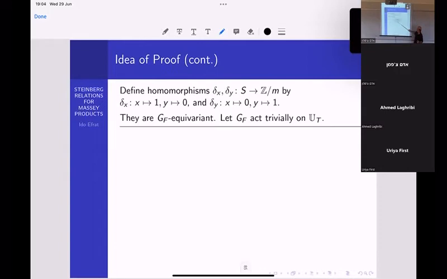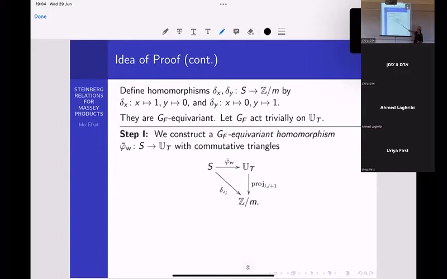Now, the first main step, or the biggest step in the proof, step 1, is to construct a map phi bar from our fundamental group, from this pro-p group generated by X and Y, into the group of partial matrices with three properties.